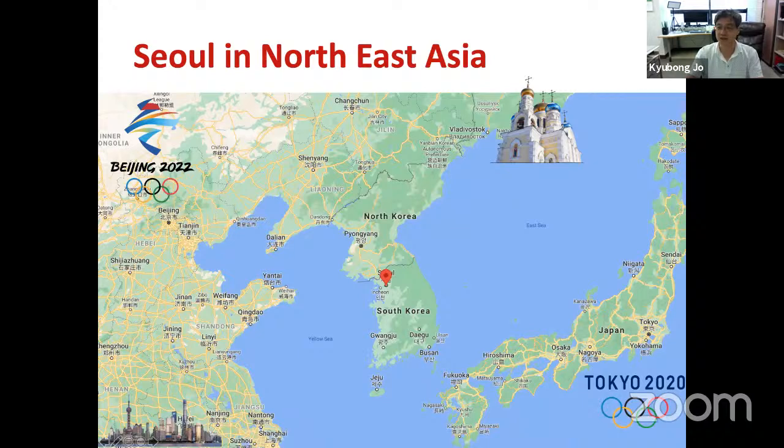Seoul is also very close to Shanghai, the big city in China, and to Vladivostok, a city in Russia. All the big cities are within a flight distance of around 2 hours, 2.5 hours, less than 2 hours, and about 2 hours. That's the position I am in.